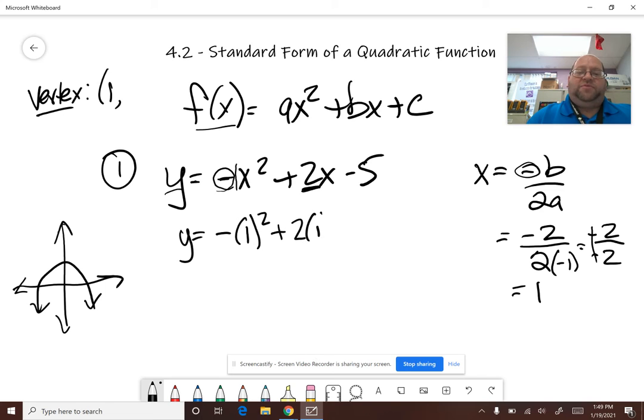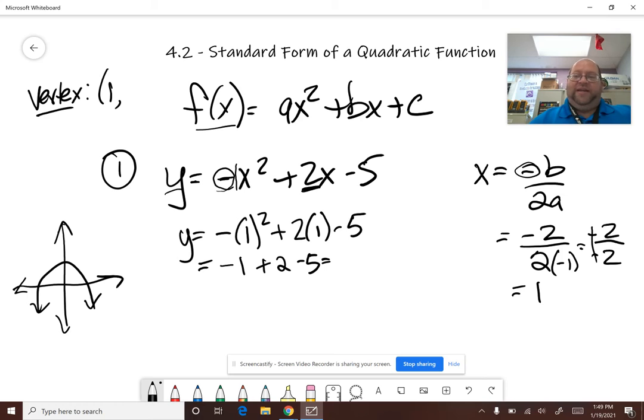Plus 2 times 1 minus 5. So let's think about this carefully. I have 1 squared, which is 1, but remember there's a negative out in front of this. So that means that is actually negative 1 plus 2 times 1, which is 2, minus 5.